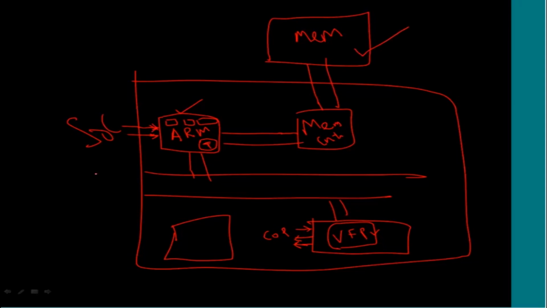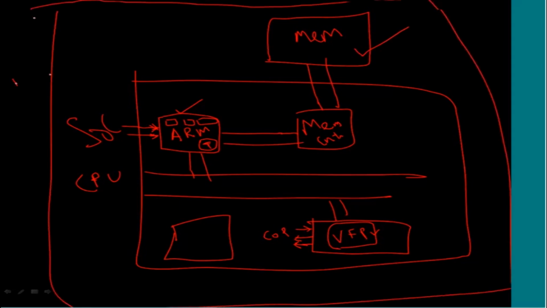This whole thing we can call a CPU, and then this is the memory in the system. You can call it an embedded board or an embedded system which has a SoC with all the pins, and then we have memory.